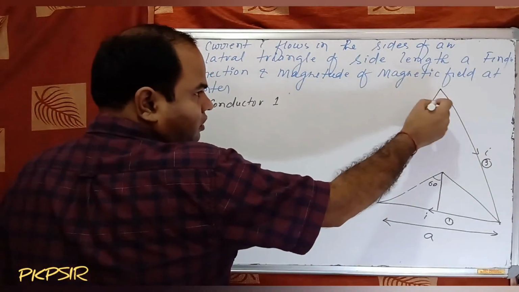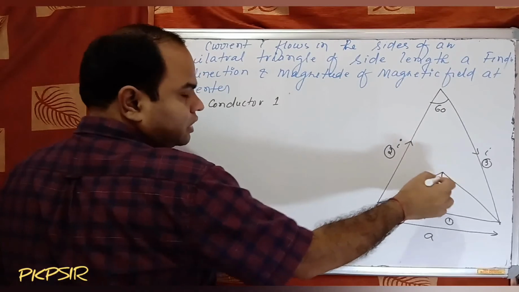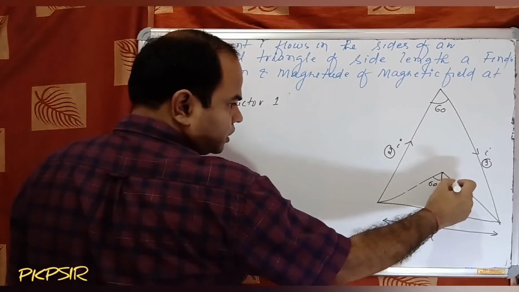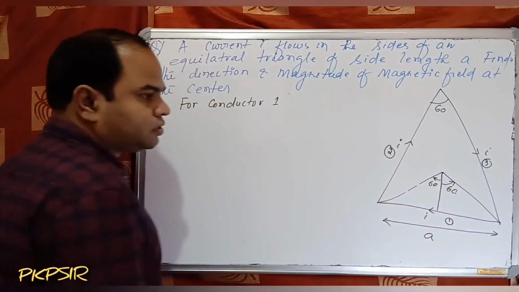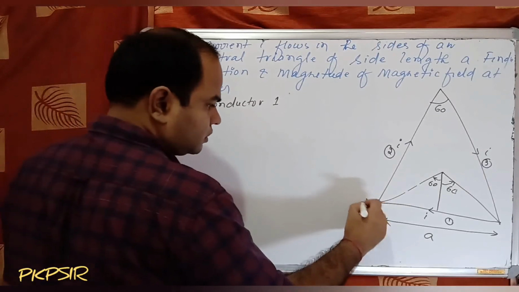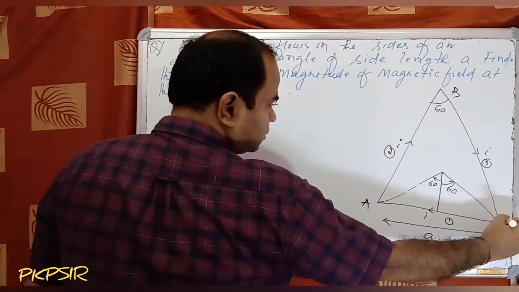If this is 60, the total angle is 120, so this is 60 and this is 60, which means alpha 1 and alpha 2 are 60 degrees. Let us say this is A, this is B and this is C.